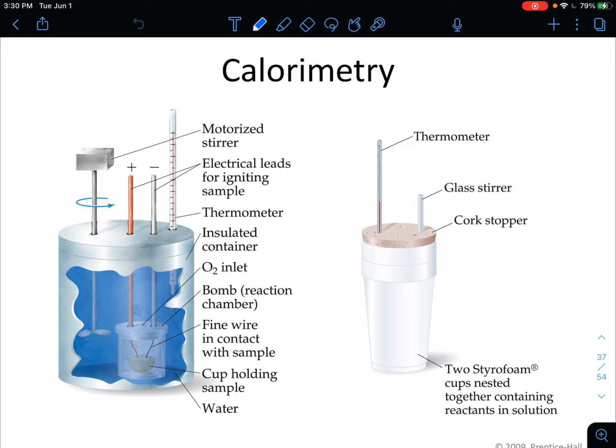But in theory, we could also conduct some simple reactions in this coffee cup calorimeter, as long as it's not something that would damage the styrofoam cup. So typically a reaction where we're using water as the liquid, as the solvent, would be totally acceptable to do inside of the styrofoam cup. Measuring the temperature before and after a process and having a little bit more additional information would be all you need to do to conduct some basic calorimetry.